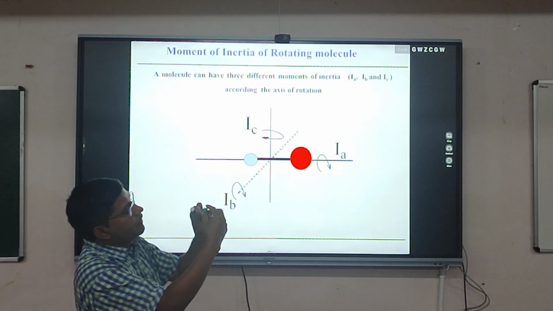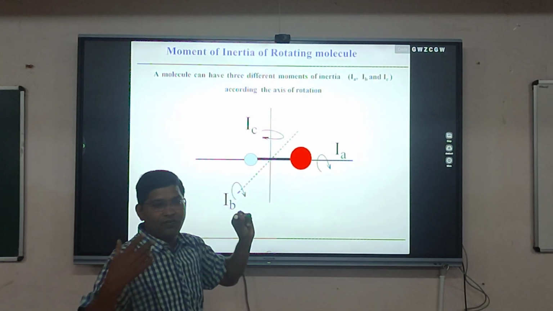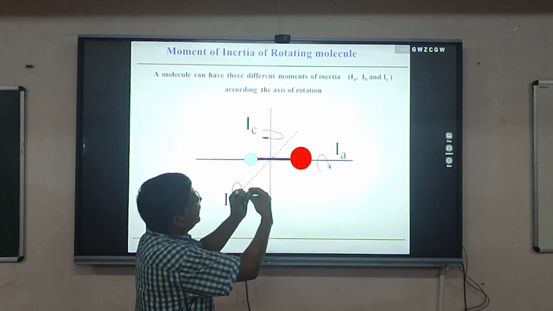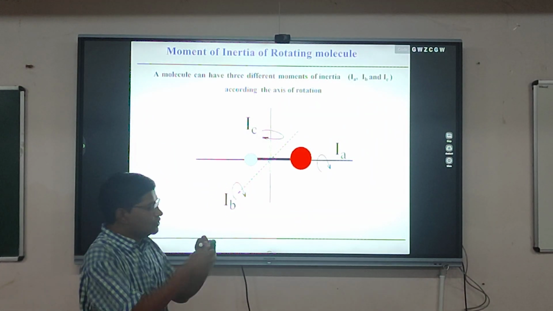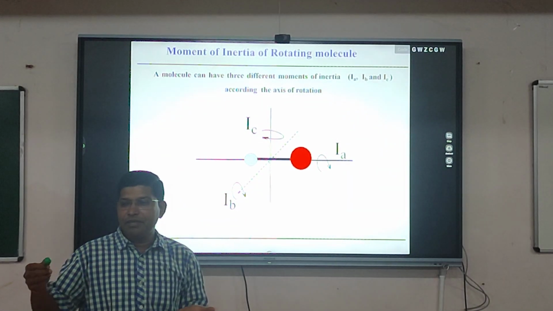That means the moment of inertia required for the molecule to rotate along the bond axis will be Ia.